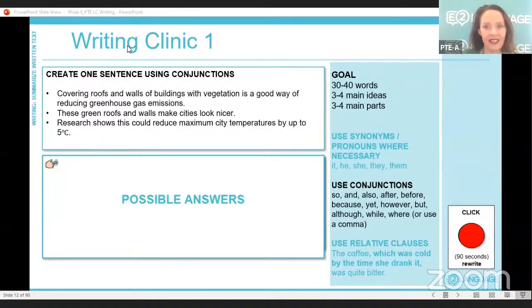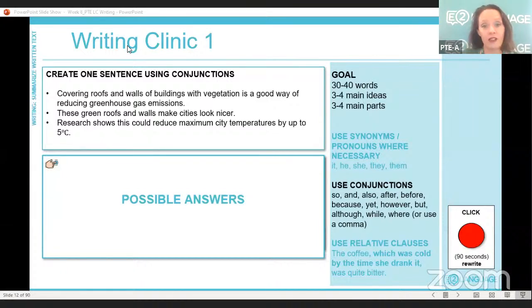And let's see if anyone could do that in such a short time. So let's have a look at yours, Raj. Raj said, covering roofs and walls of buildings with vegetation is a good way of reducing greenhouse gas emissions. And these green roofs and walls make cities look nicer.